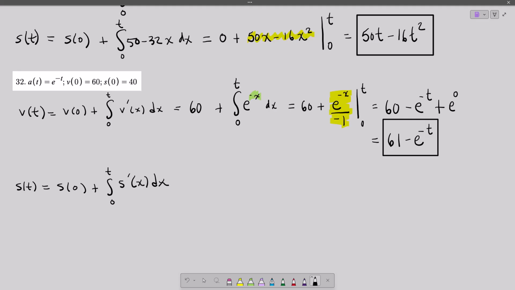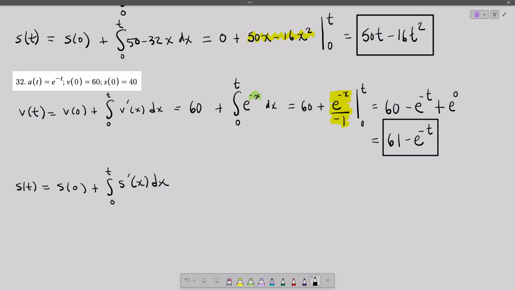So when we evaluate here, it's this antiderivative evaluated at t minus this antiderivative evaluated at 0. Oh, yeah. So there's that built-in minus. It's the upper exponent plugged in, and then you subtract off the antiderivative at the lower exponent. So we're subtracting a negative. Right, gotcha. Does that make sense? Subtracting the negative is what makes it a positive.